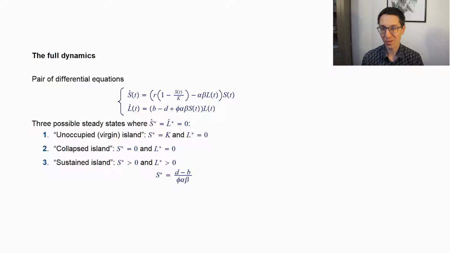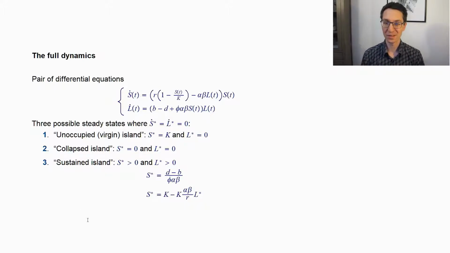So from the fact that the population must be stable, we find an exact solution for S star. And then from the resource dynamics, we have found that resources are stable when S star equals K minus K times alpha beta divided by R times L star.